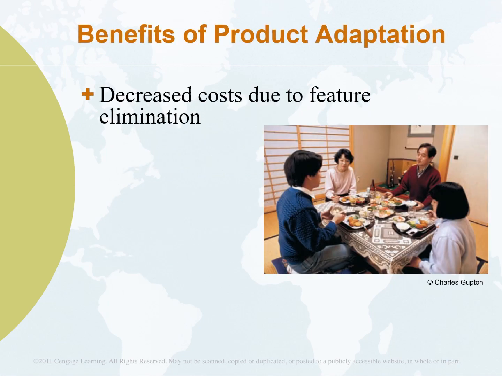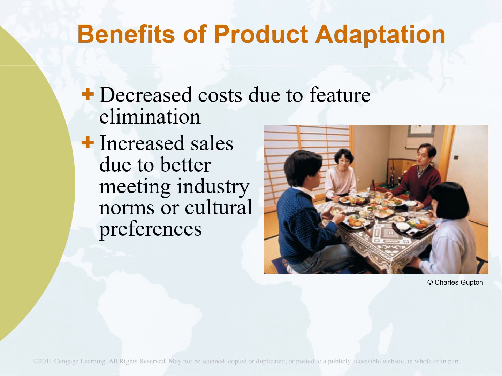There could also be decreased cost due to feature eliminations, because when you eliminate certain features, that saves you some money. Okay? There could be increased sales due to better meeting industry norms or cultural preferences. Okay?